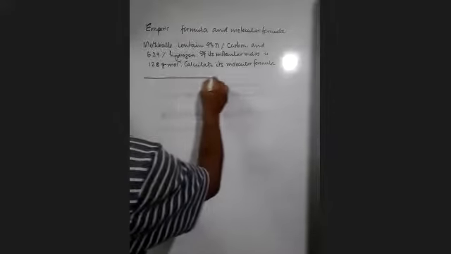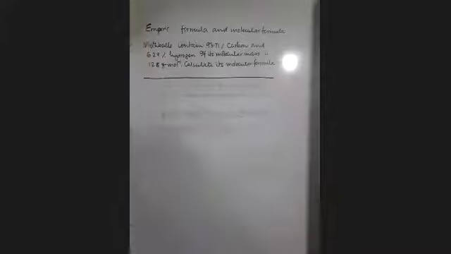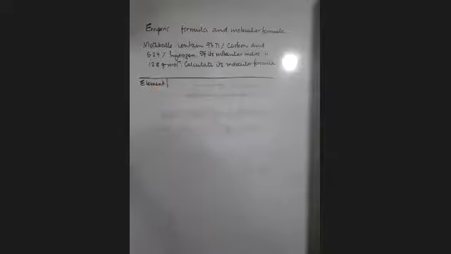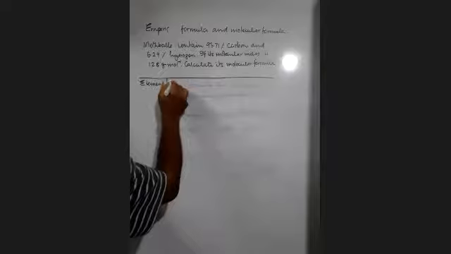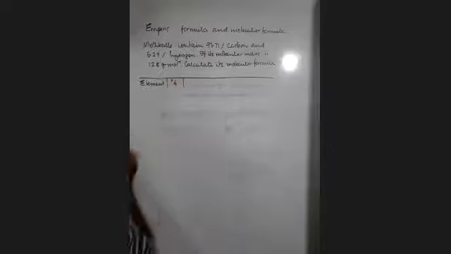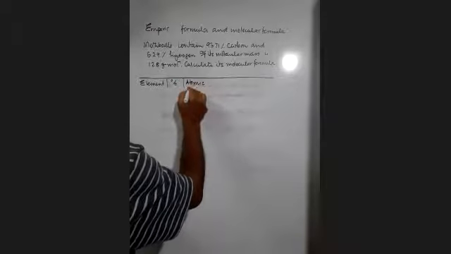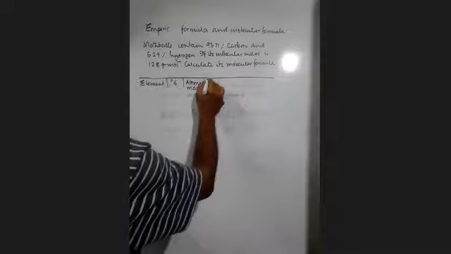Okay, so I will show you. First you have to write one table, and on the basis of that you will do it. So here we will write element. Then we will write percent. Then atomic mass.